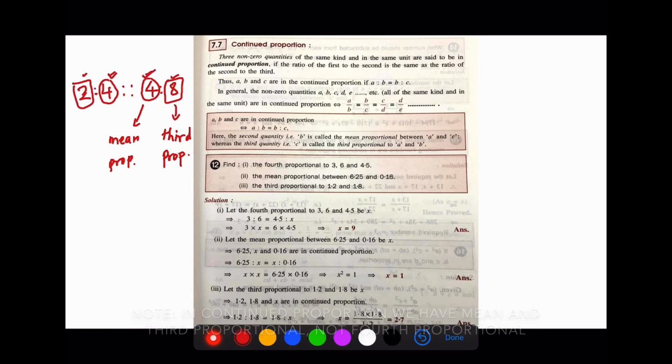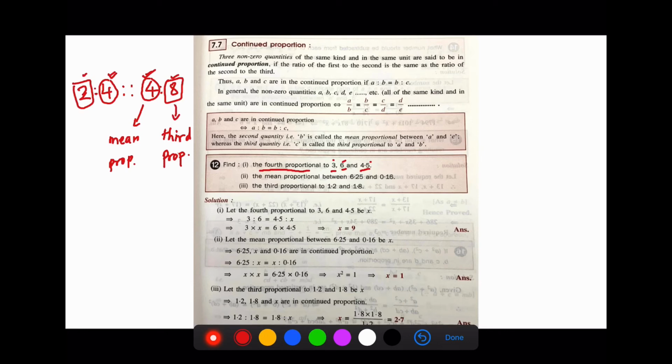Alright. Now if you look at example 12, find the fourth proportional to 3, 6 and 4.5. So when they're asking to find the fourth proportional, it is actually not a continued proportion, it's a regular proportion with 4 quantities, and the first three are 3, 6 and 4.5.